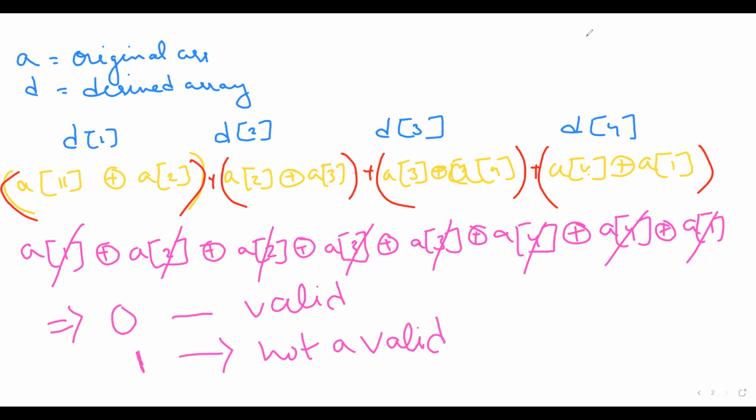Okay, so let's try to see with one of the inputs which are given to us. One of the inputs is 1, 1, 0. How are we going to get 1?